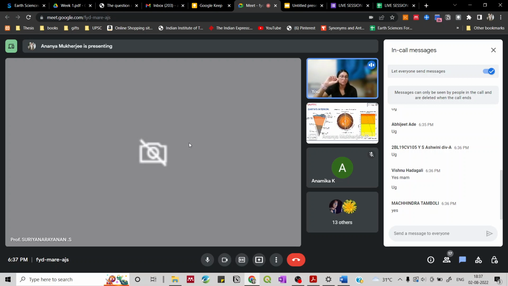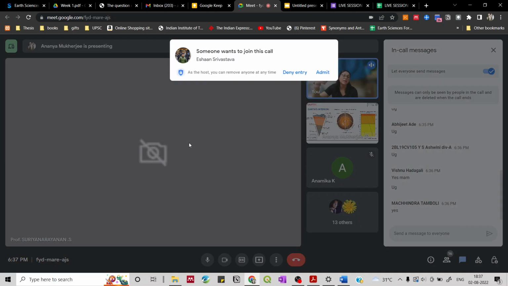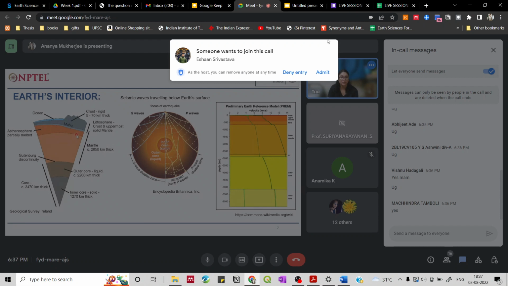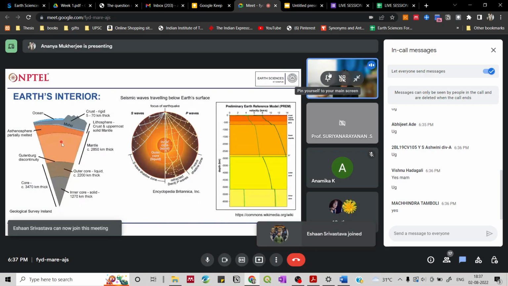So between the upper crust and lower crust you have the Conrad discontinuity. Then over here the Moho is marked. This Moho is the Mohorovicic discontinuity that is marking the compositional difference between the crust and the mantle. And then you have the Gutenberg discontinuity, that is marking the discontinuity between the mantle and the core.